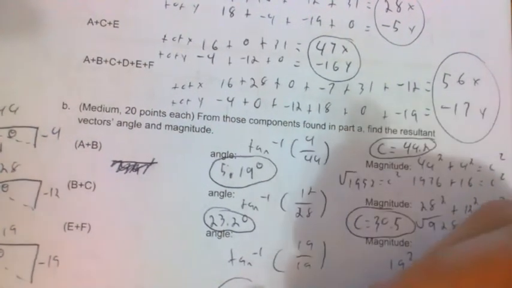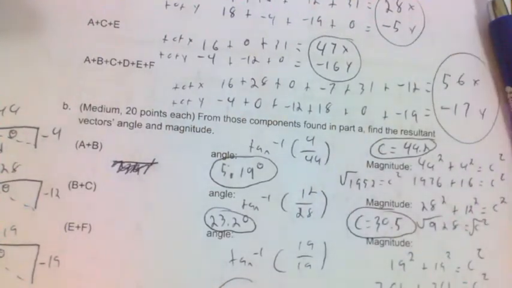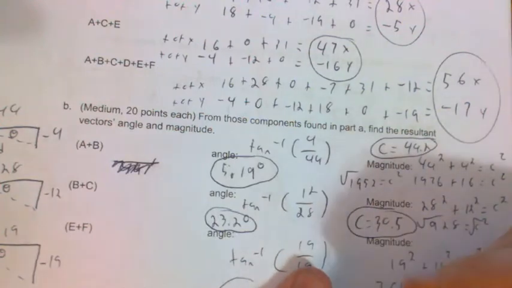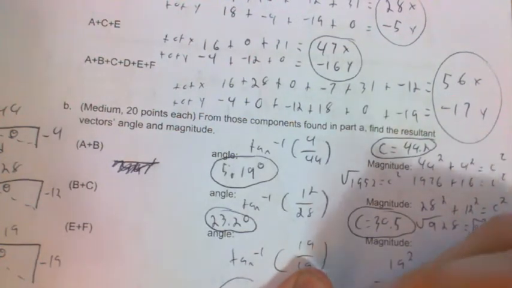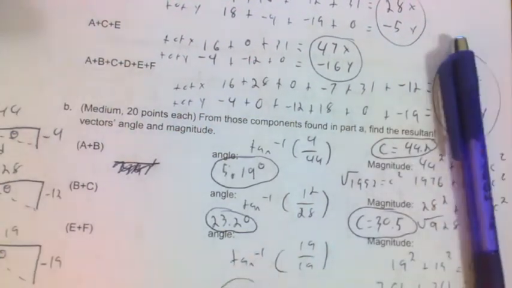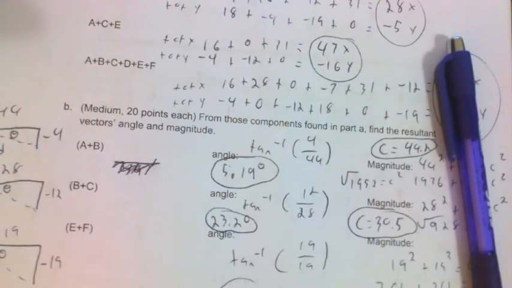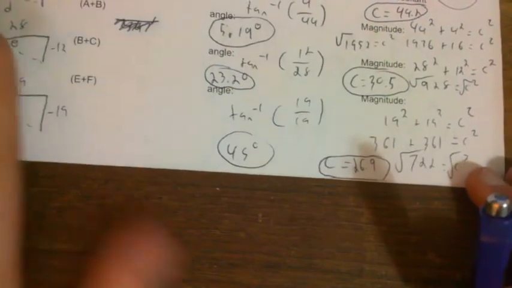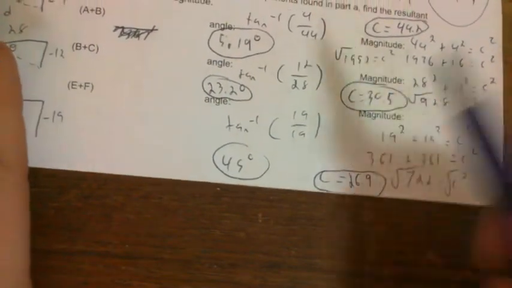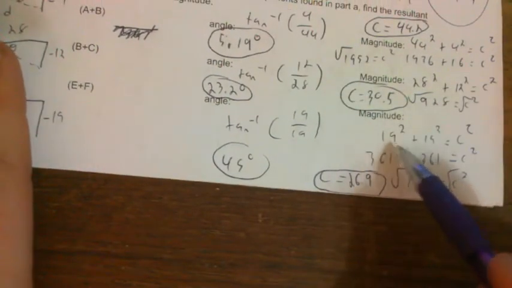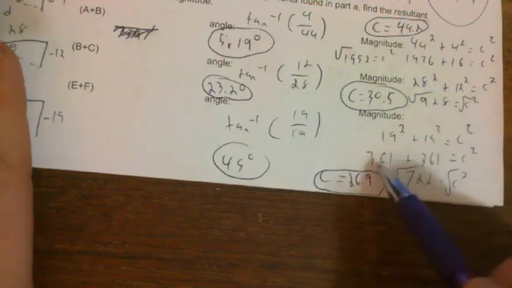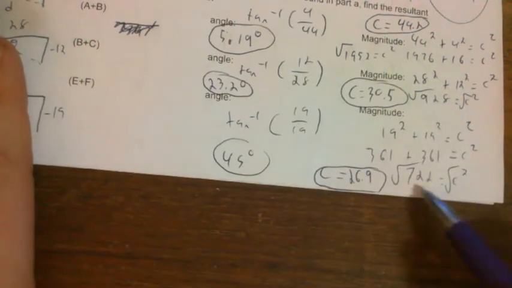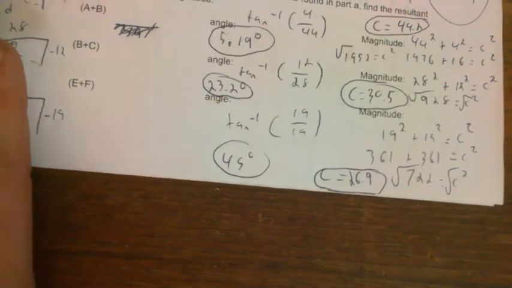Square root both sides of this, we get c equals 26.9 for our magnitude there. Oh, sorry, my calculator wasn't in frame. So yeah, magnitude was the Pythagorean theorem, right? 19 squared plus 19 squared is 361 plus 361. Take the square root of 722, and we get 26.9. So that's how we find this part.